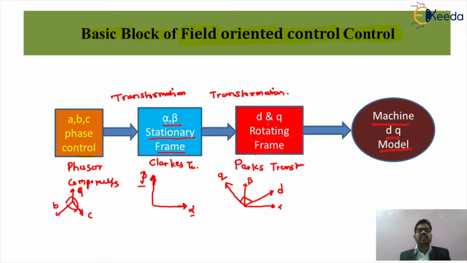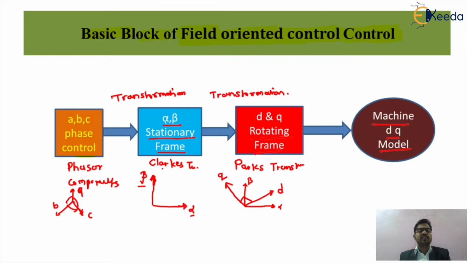So we can change the value of the rotor angle of the system by means of field oriented control. This whole scheme is treated as a field oriented control system, because the three-phase field is first converted into a stationary frame field, called alpha and beta.